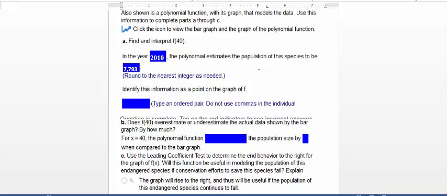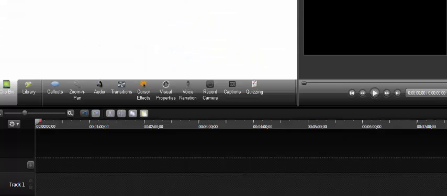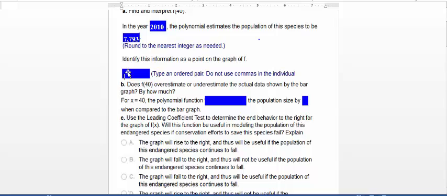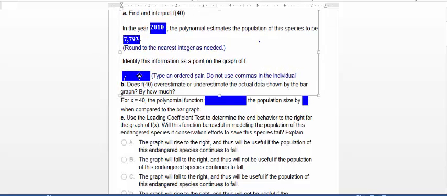All right, so I want to identify this information as a point on the graph of f. So we saw that for the function, the independent variable, the variable values that were on the horizontal axis, were the years after 1970. So 2010 is 40 years after 1970.